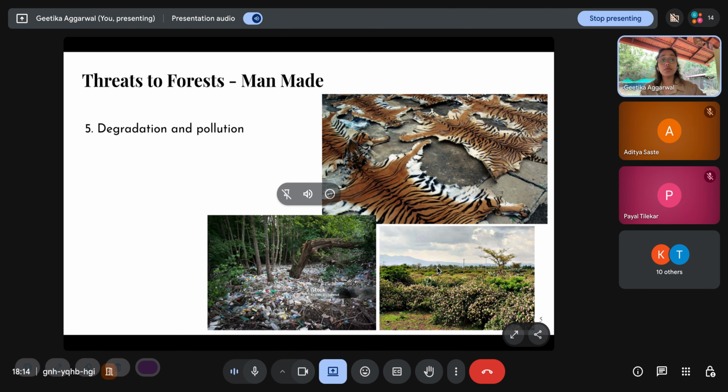Other forms of pollution are basically if you have, for example, say an industry right next to a forest area, and that industry is carrying out some of its chemical reactions and maybe some processing, and it is releasing a lot of chemicals into the air, and eventually when the rains come, these chemicals dissolve in water, and there's some sort of an acid rain that falls down on the adjacent areas, which also includes, for example, forests.